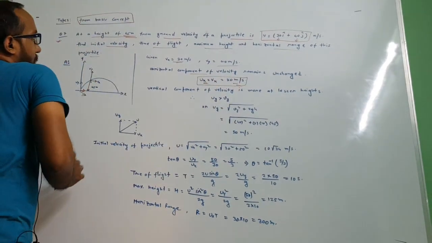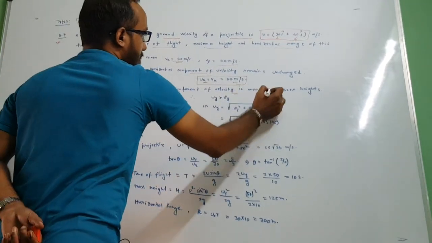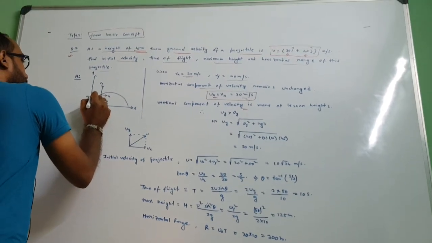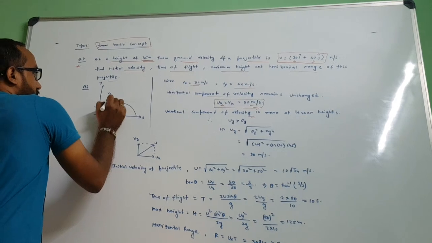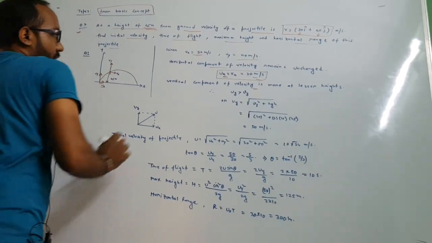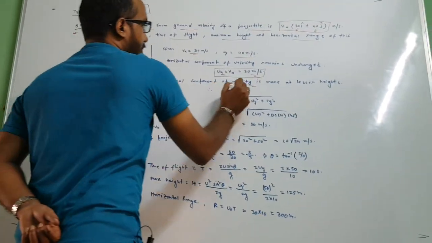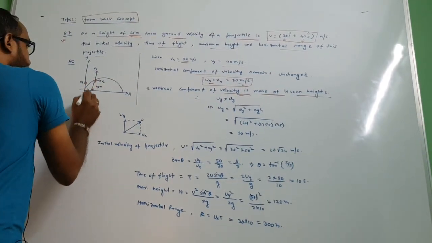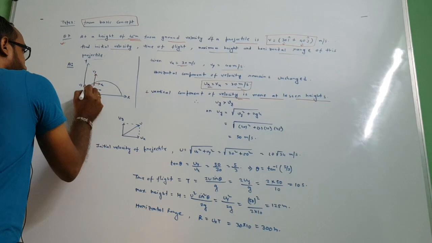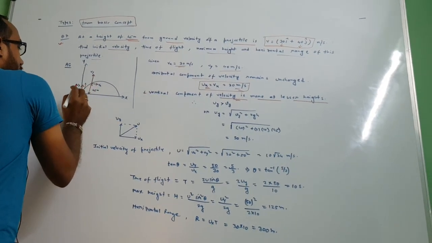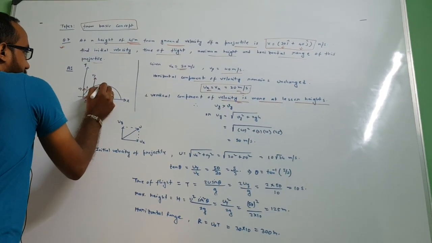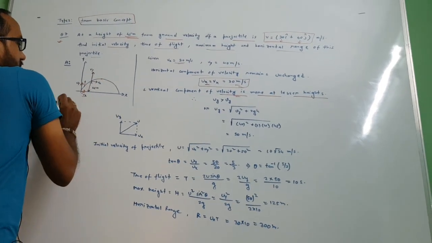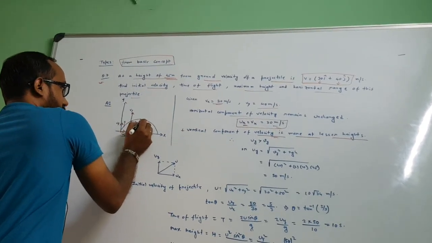First answer done. Now the vertical component of velocity. This is your initial vertical component, and this is your final vertical component. Remember this, the vertical component of velocity is more at a lesser height. If the height is less, the vertical component would be more. But at maximum height the vertical component is 0, right? We have only the horizontal component at maximum height.